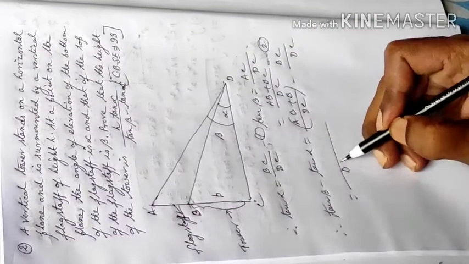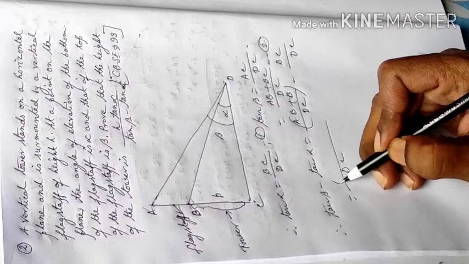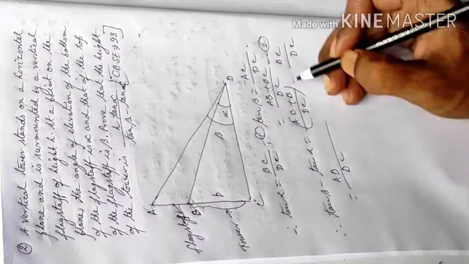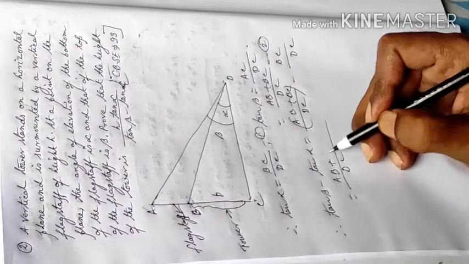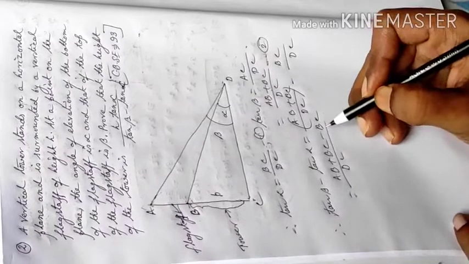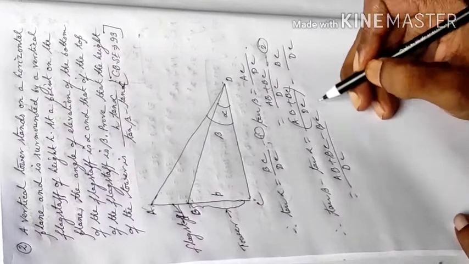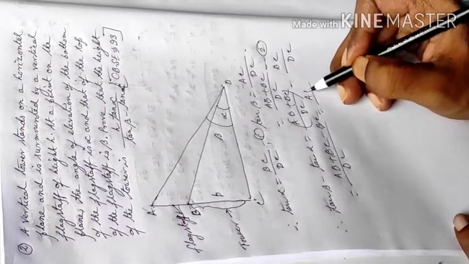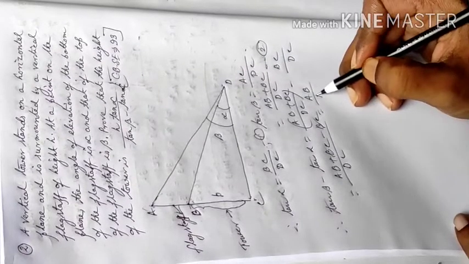Taking the LCM, AB plus BC minus BC by DC. BC cancels out, and it is equal to AB by DC.